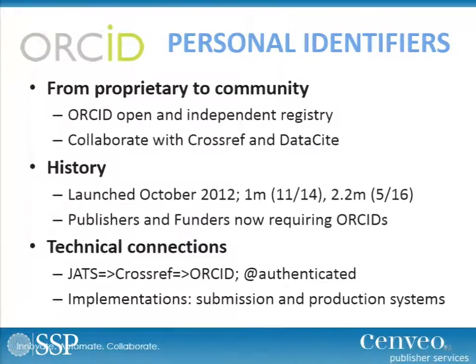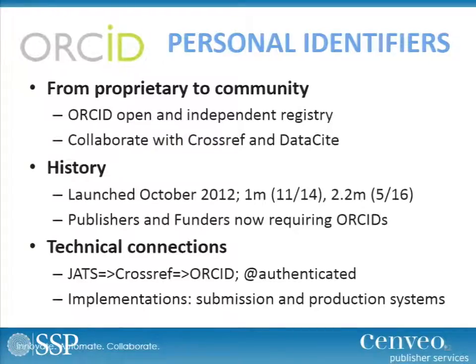So another brief example of proprietary solutions moving to community solutions is ORCID personal identifiers. This is another example where Crossref is collaborating across the community, and there were proprietary researcher IDs and things, but ORCID is an open and community initiative. From 2012 to 2016, it had gone from 0 to 2.2 million.